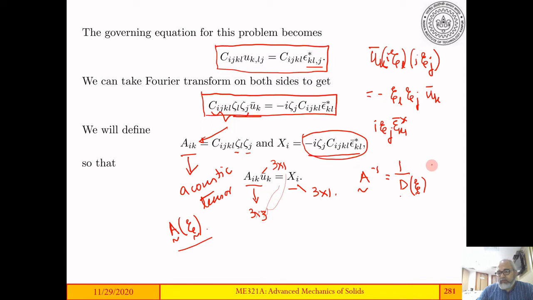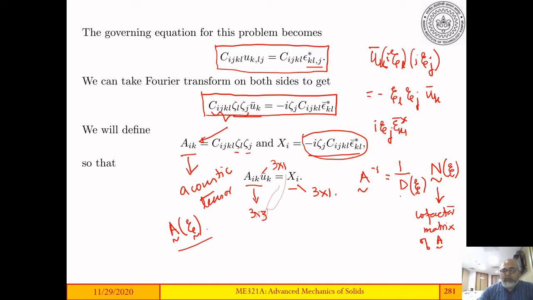And then you will find another matrix N, which is actually the cofactor matrix of A, and then you will divide by the determinant to get the inverse. This is the way we calculate inverses. So let's call the cofactor matrix as N. Both of these would be functions of zeta, of course, because the A itself is a function of zeta.